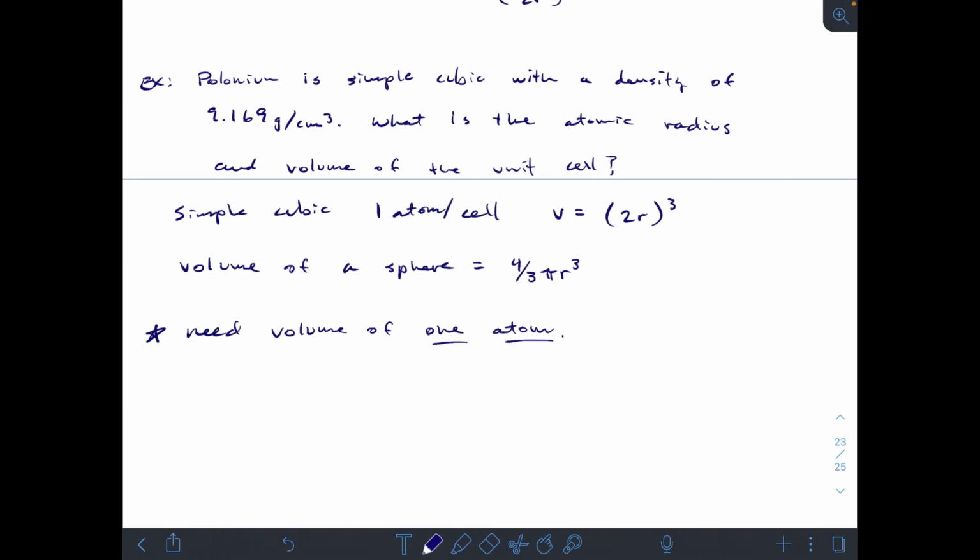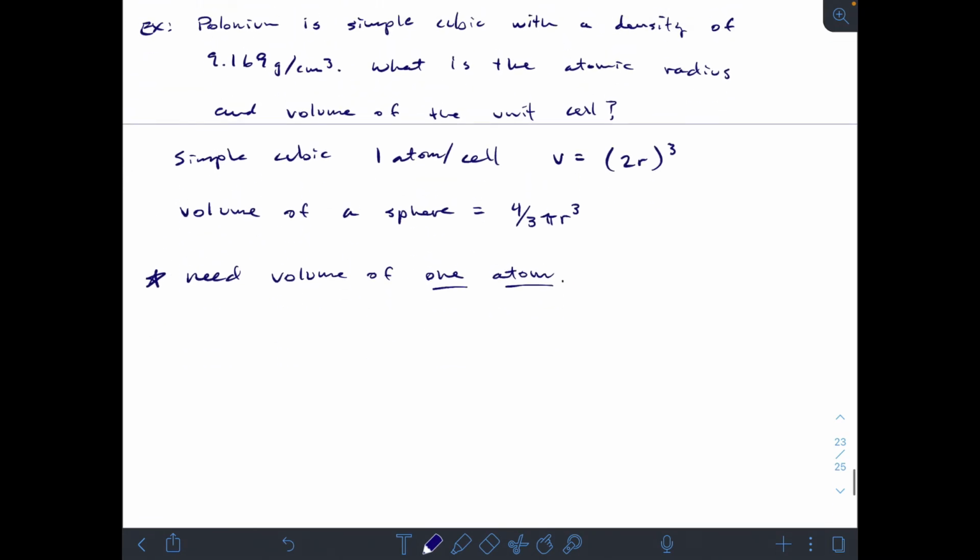So what we want is volume per atom, right? So let's see if we can take our density and rearrange it so that we find out the volume of one atom of polonium, right? So we want centimeters cubed over atoms. So let's see if we can accomplish that.